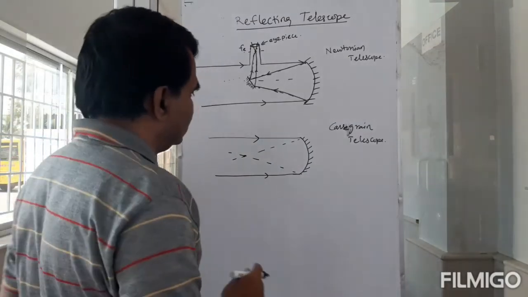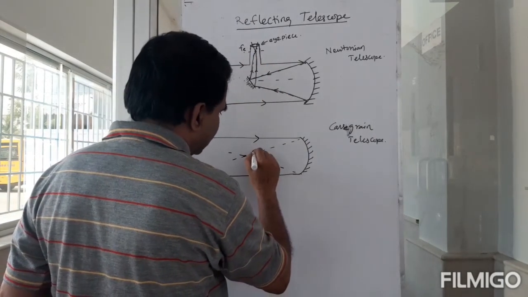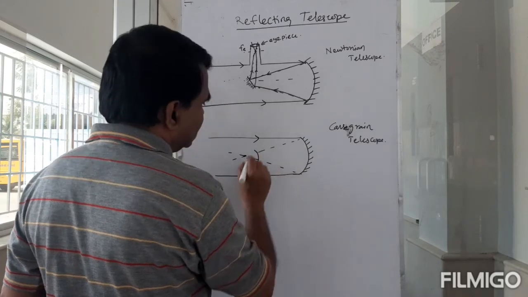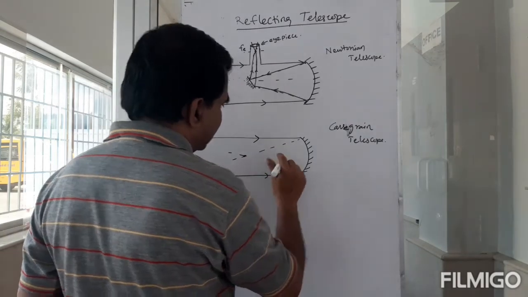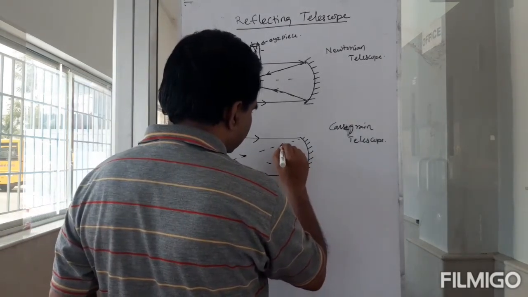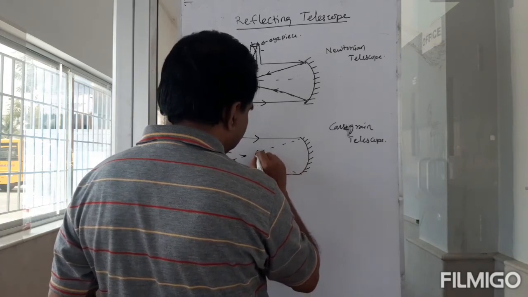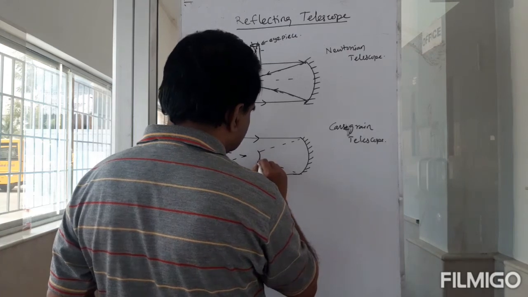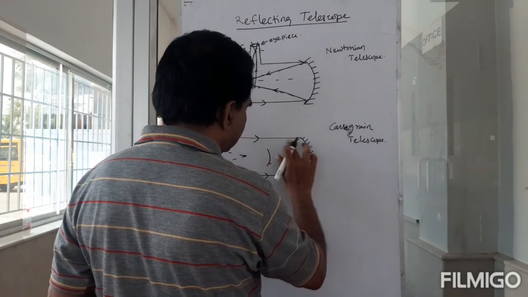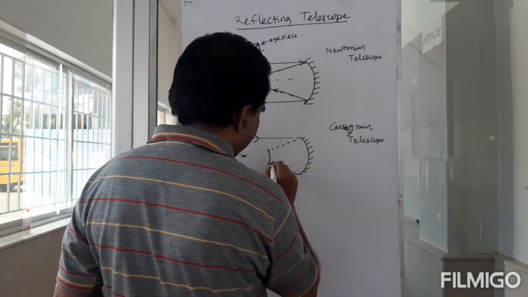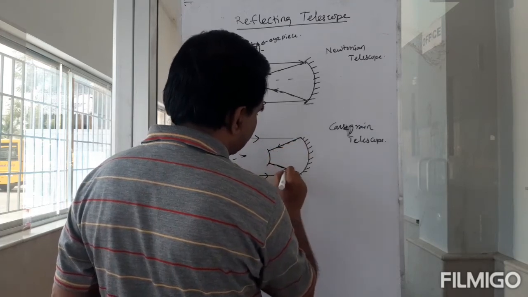So what they do is that instead of a plane mirror like this, you can have another convex mirror. Let's say I put it here. Another convex mirror like this.